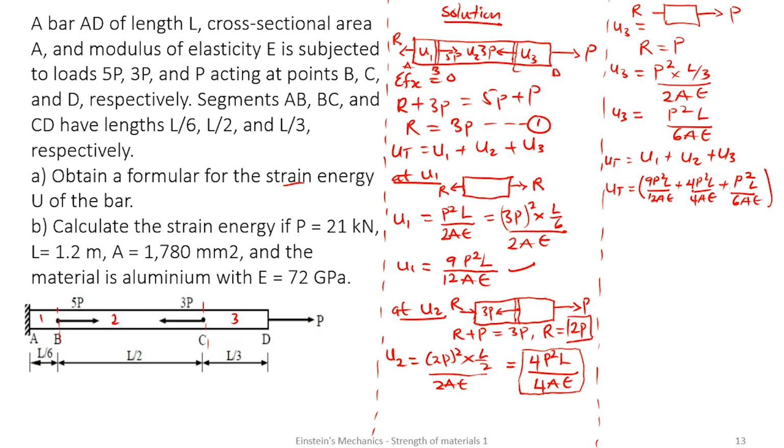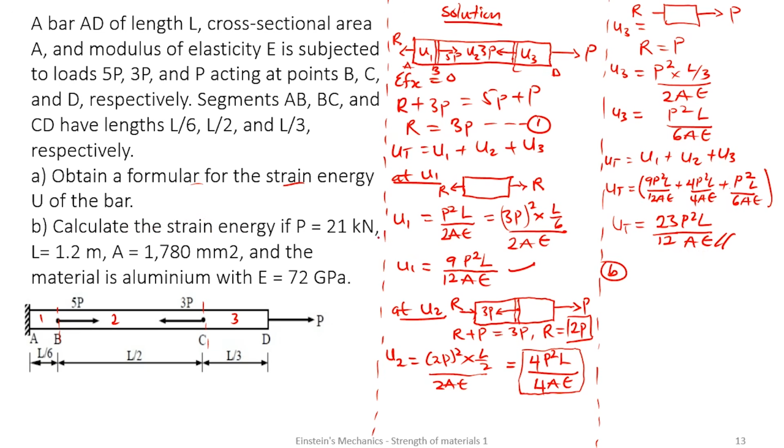When you play with this, this is going to cancel, giving 1. This will also be 3 on 4. So it will be 3 on 4 plus 1 plus this. The total is now going to give me 23 on 12 P squared L on AE, like this. So the formula for the strain energy in the bar is 23 on 12 P squared L on AE.